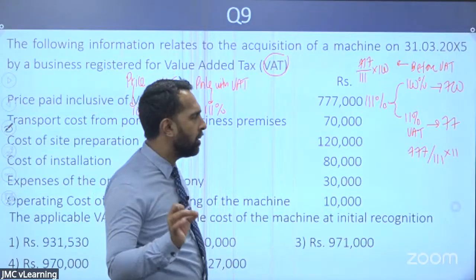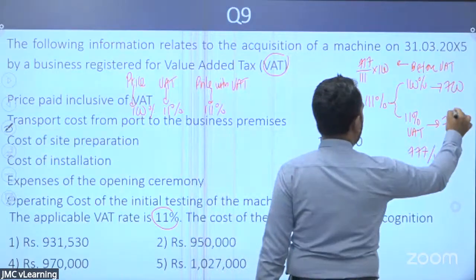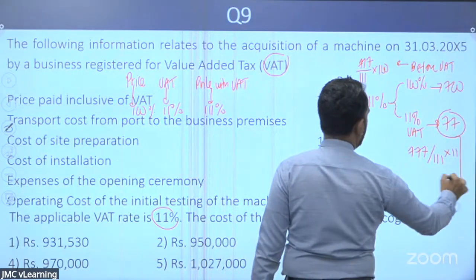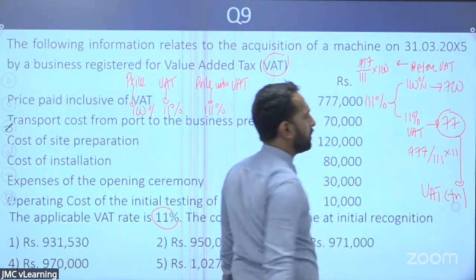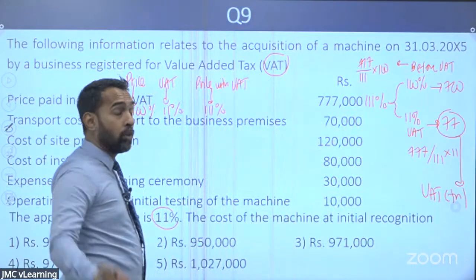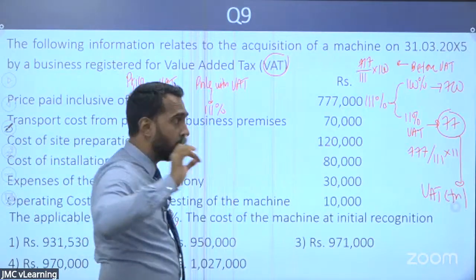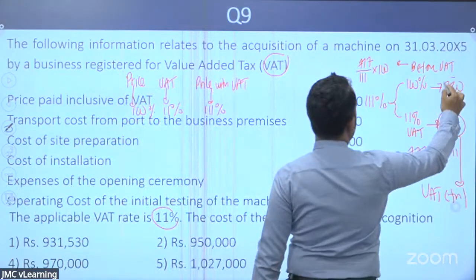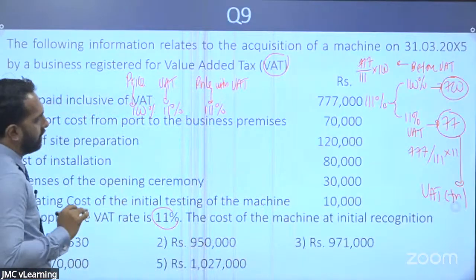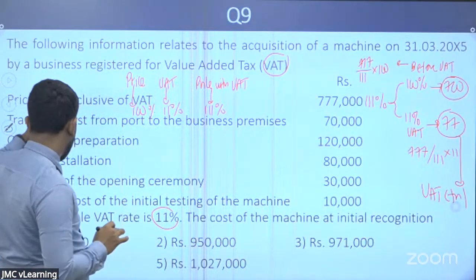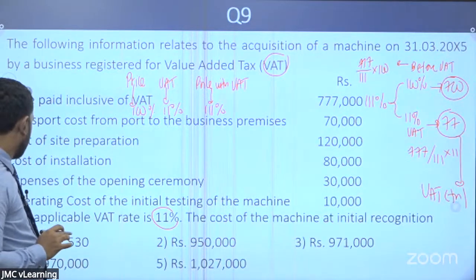So if it is a VAT registered company, we have to always remember whatever the VAT figure is, we deal with that in the VAT control account. So the purchase cost would be this 700. There are some other items as well.